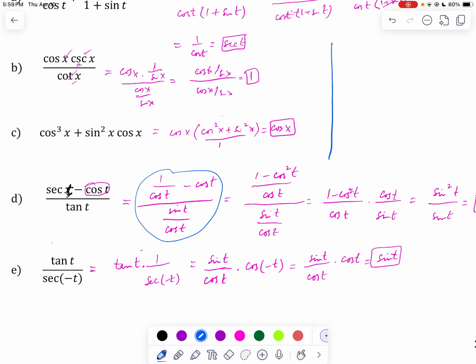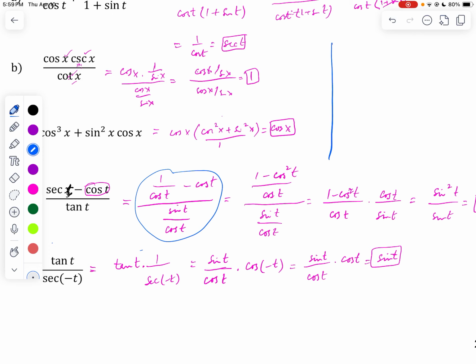You will note here the common denominator of the numerator, so that is cosine of t, because there is 1 under here. So I have the common denominator as cosine of t. So on the top I get 1 minus cosine squared t, and then the bottom it remains as it is.